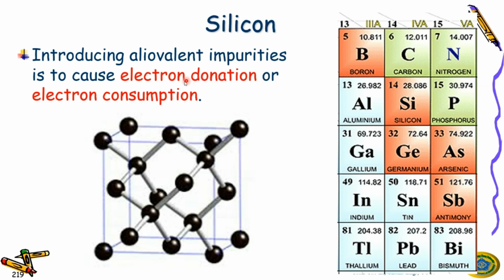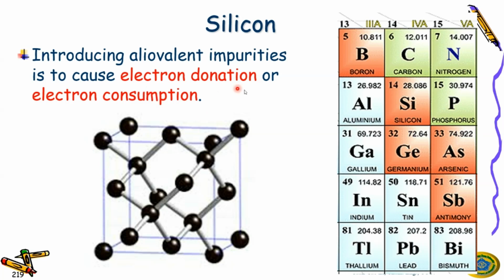So if you want to have electron donation, what type of elements do you need to put? You need to replace the silicon atom here. If you want electron donation, you better replace silicon by phosphorus, right? You better replace silicon using arsenic.